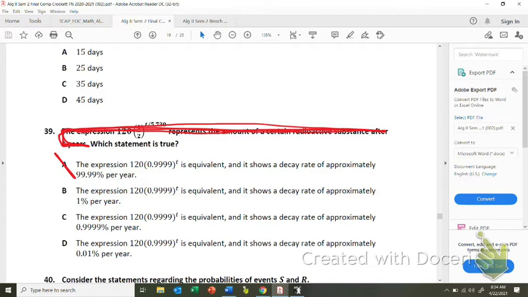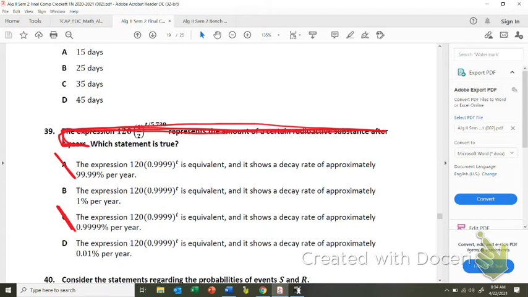All right. What about 1%? Maybe? What about 0.9999%? No. What about 0.01? We're looking for our smallest percentage here, because we're decaying.